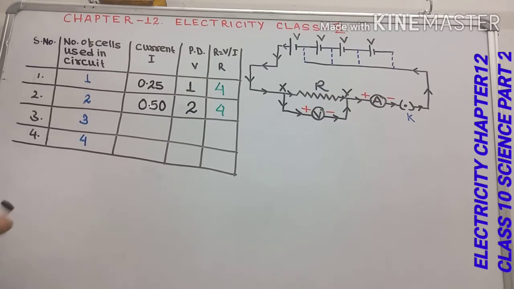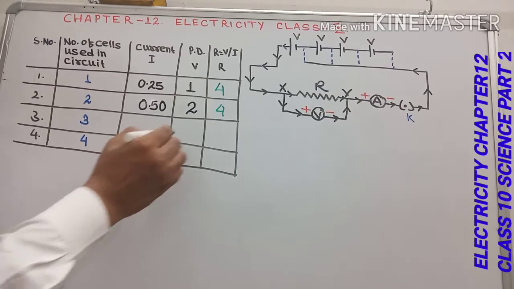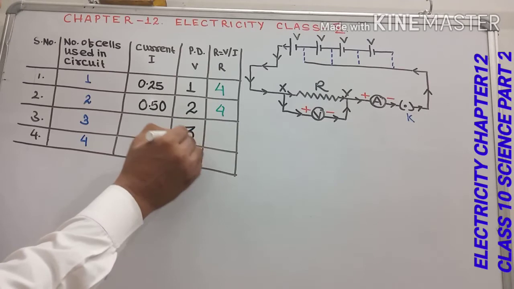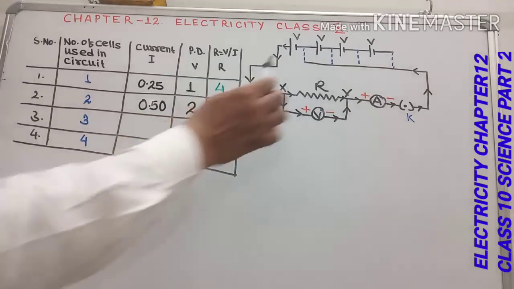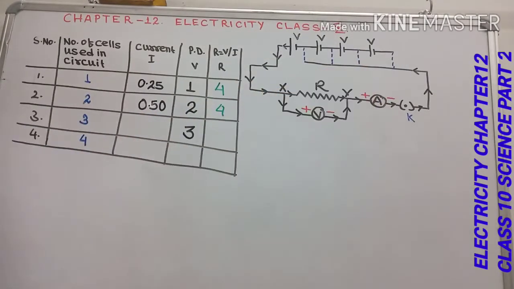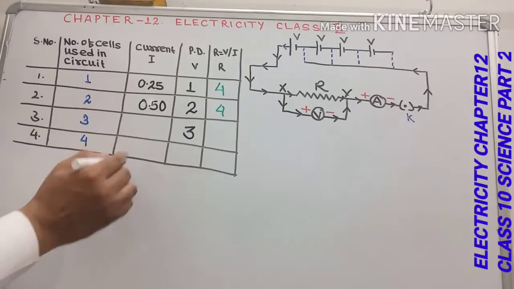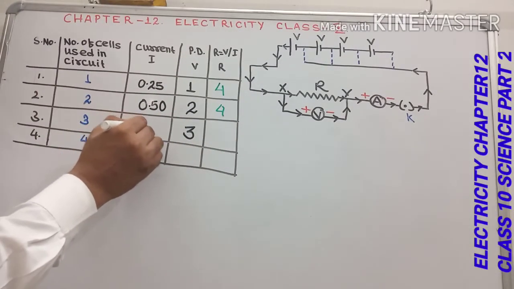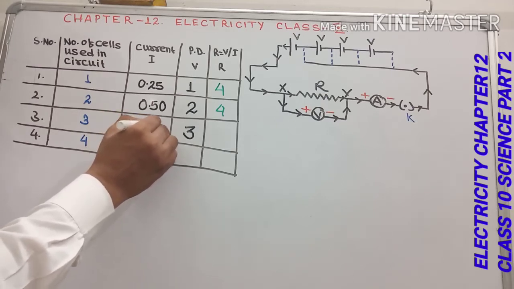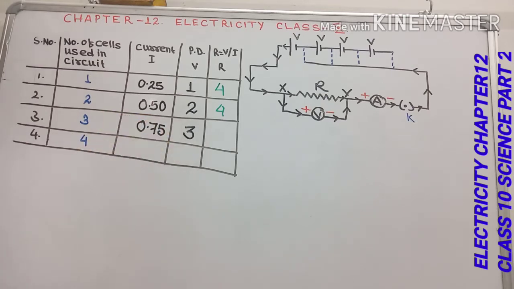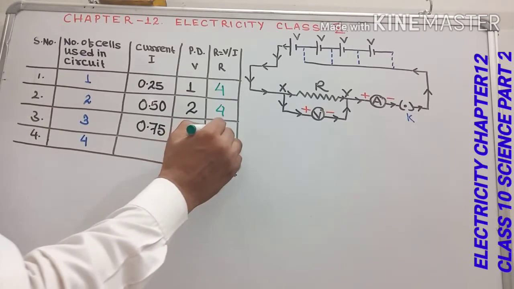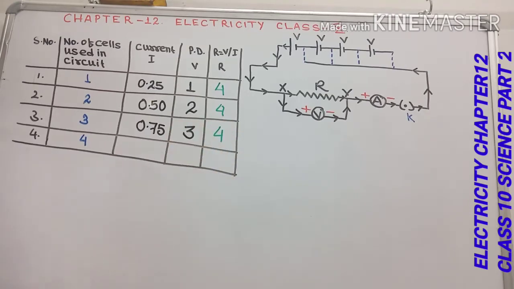Similarly, if we increase the potential difference to 3 volt, if we connect this wire here at the third cell, then suppose the current flowing through it is 0.75 ampere, then also the resistance of the conductor will be 4 ohms.